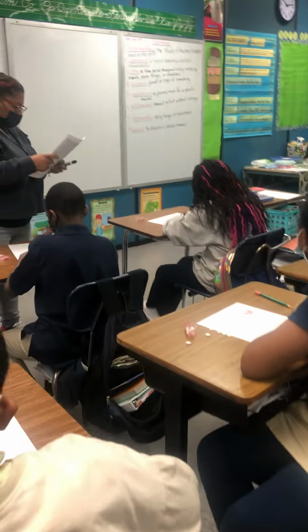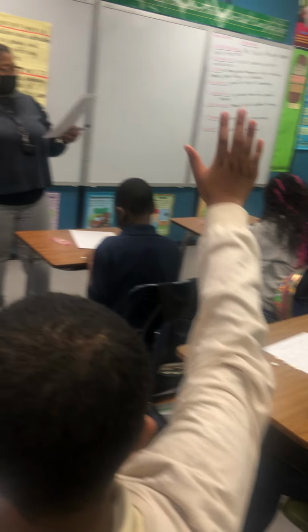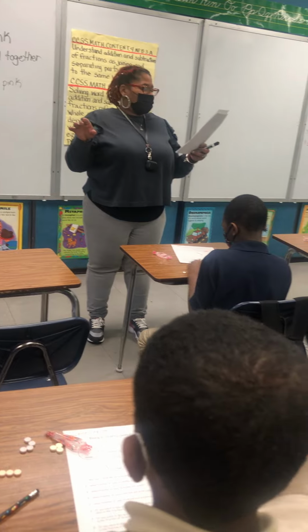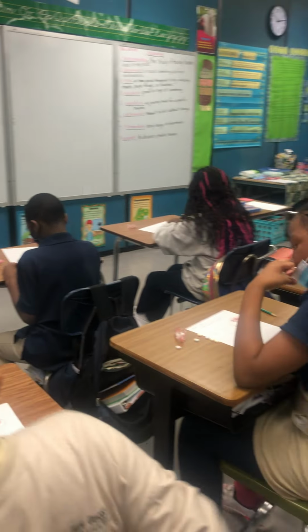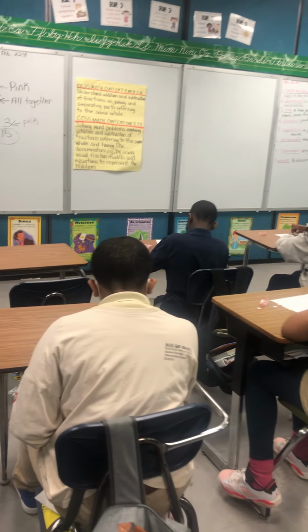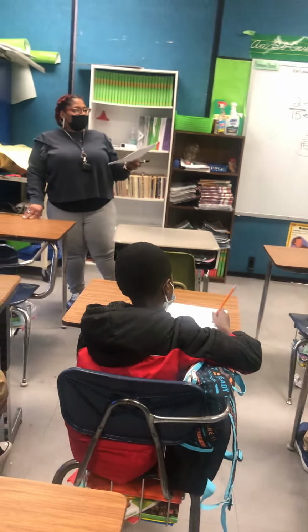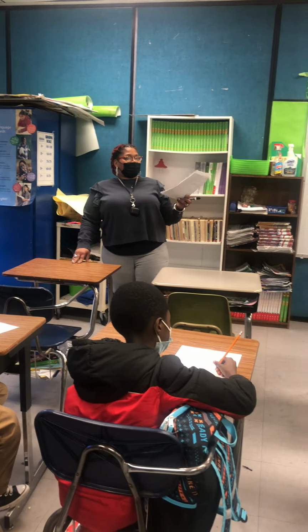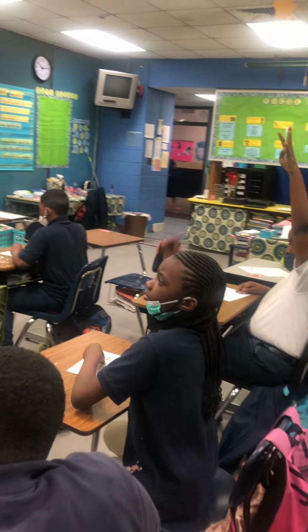All right, let's go ahead and do number 4. Number 4 says, let me see. Amari, you can read number 4. What fraction of your Smarties are green and yellow? So what does that mean? Are we going to do something else? What does that mean we're going to do, Zayden?